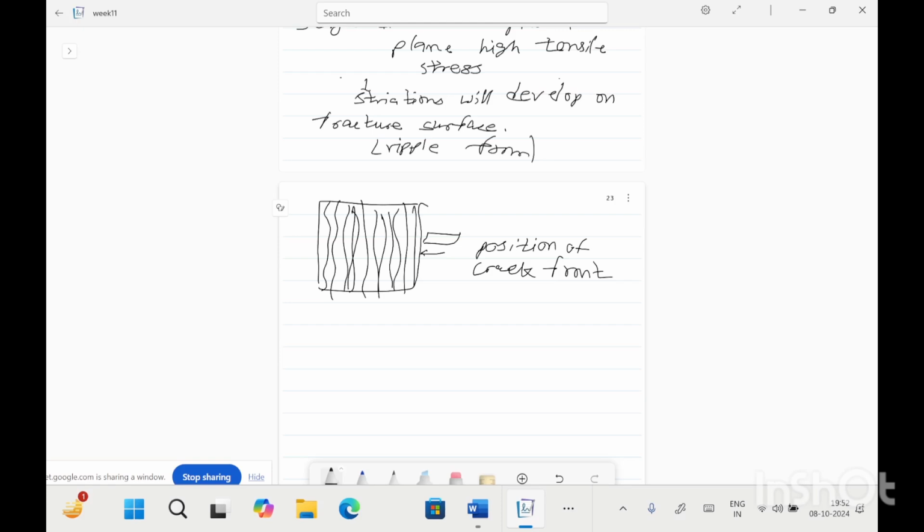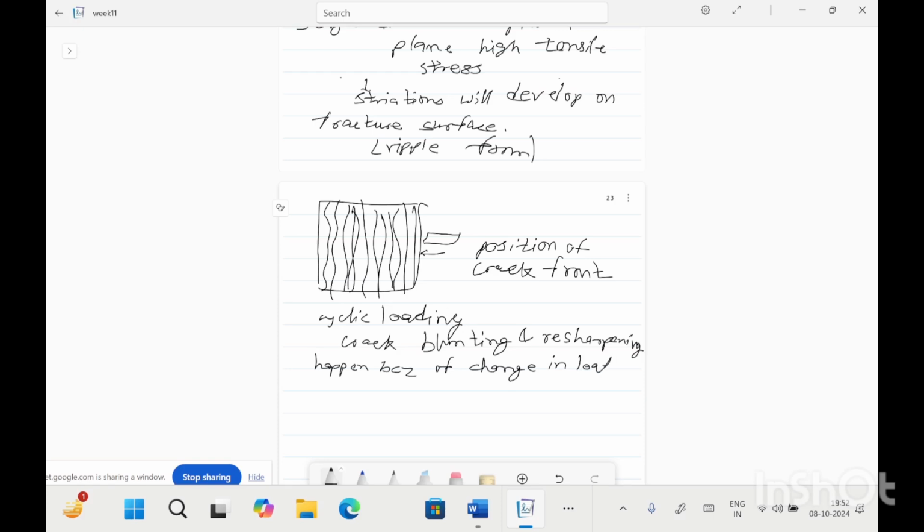Due to the cyclic loading, crack blunting and resharpening happen because of the change in loading direction.